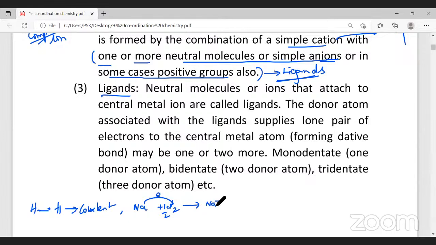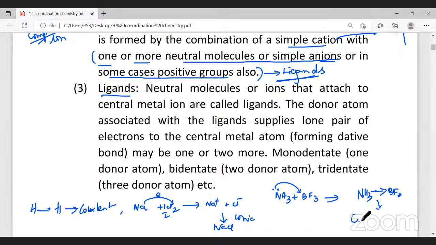Therefore, sodium gains a positive charge and chlorine gains a negative charge, and the force of attraction forms sodium chloride. It is called an ionic bond. Now, if I take ammonia and allow it to react with boron trifluoride, both electrons are given by nitrogen to boron. Therefore, you get a bond. That bond is called a coordinate bond.